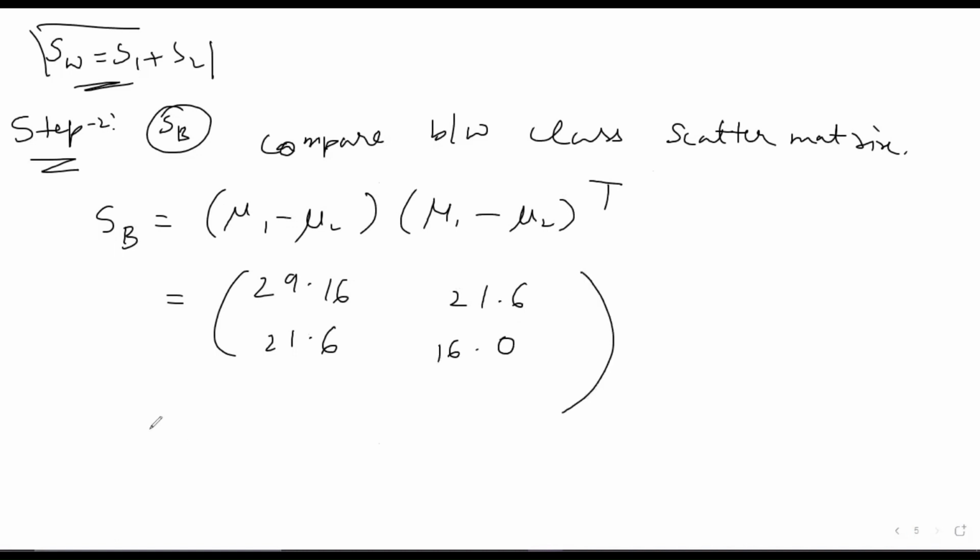Okay. Now we have the value of SB. We have the value for SW. Now let's go to step 3 in LDA calculation.